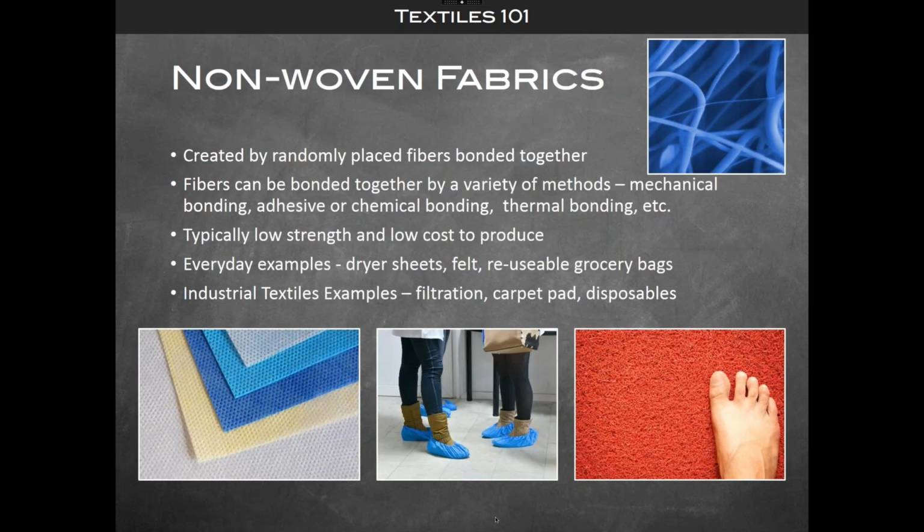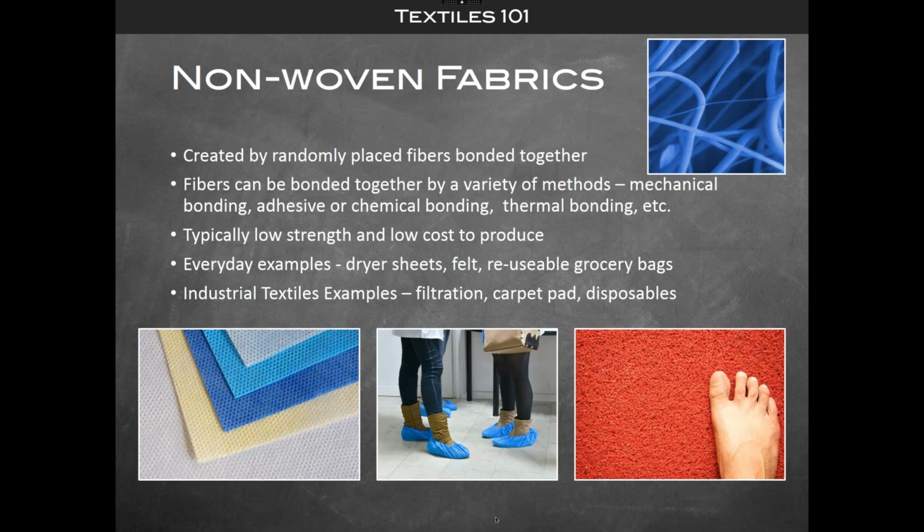The last fabric type is non-woven fabrics, and non-woven fabrics are created by randomly placed fibers that are bonded together. Fibers can be bonded together by a variety of different methods. This could be mechanical bonding, adhesive or chemical bonding, or thermal bonding.